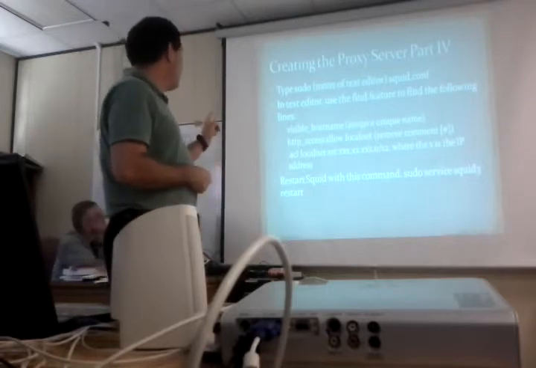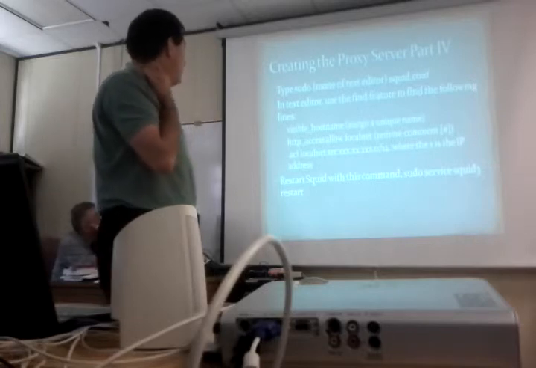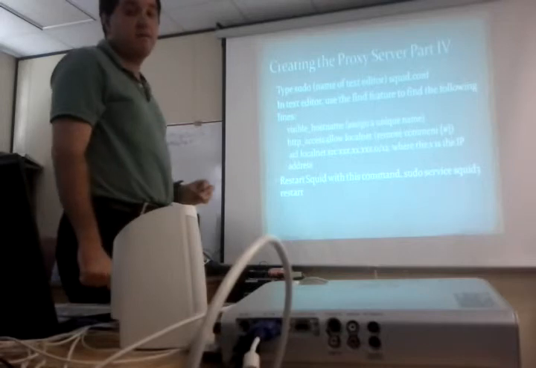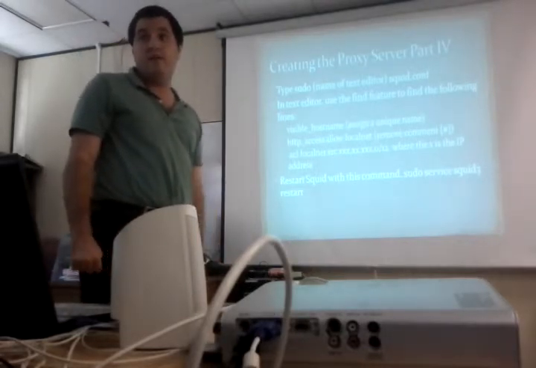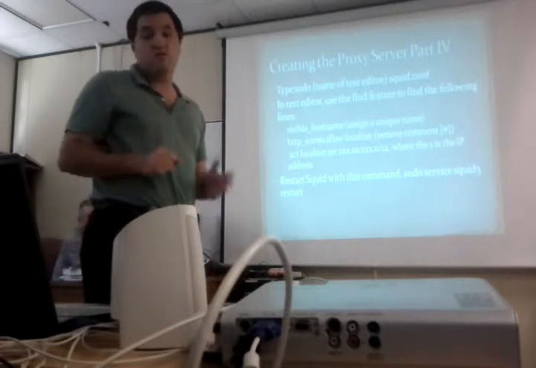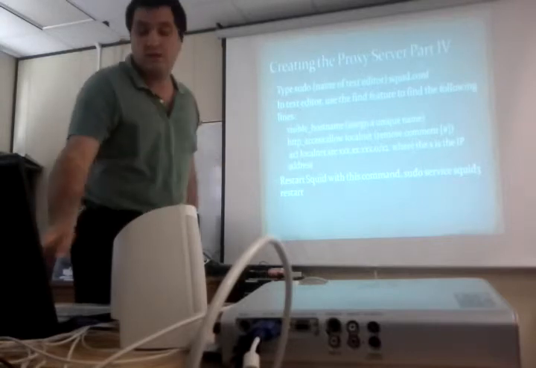And also we have one acl localnet src, then the IP address, which represents the Internet Protocol address that was discovered earlier when we ran the ifconfig command. And then the next thing is restart squid with the following command: sudo service squid3 restart.